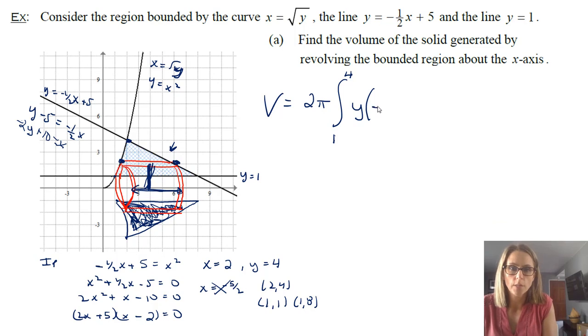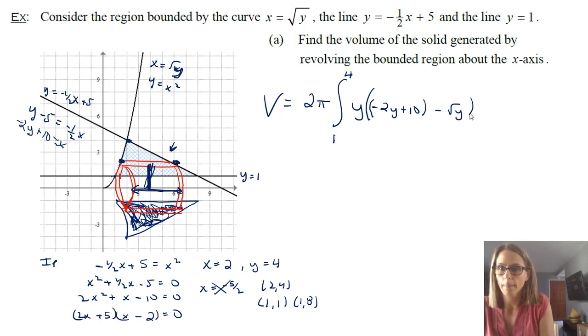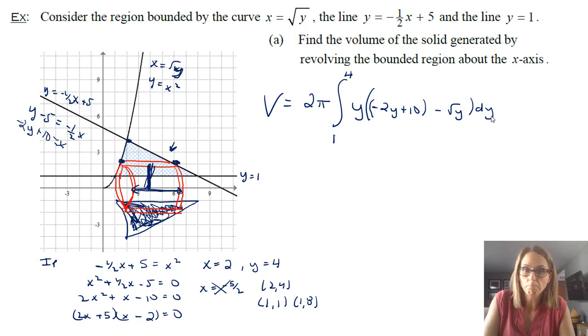So I'm going to use negative 2y plus 10, and from that I need to subtract the other function in terms of y, which is just the square root of y, and then dy.